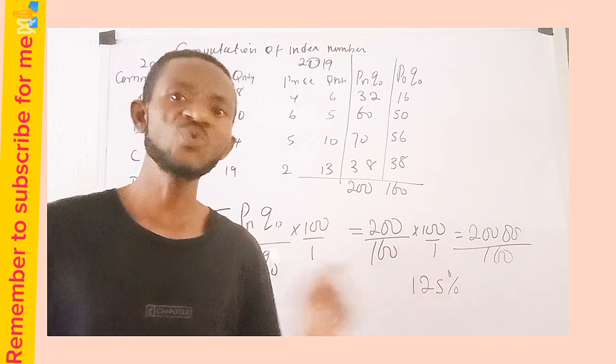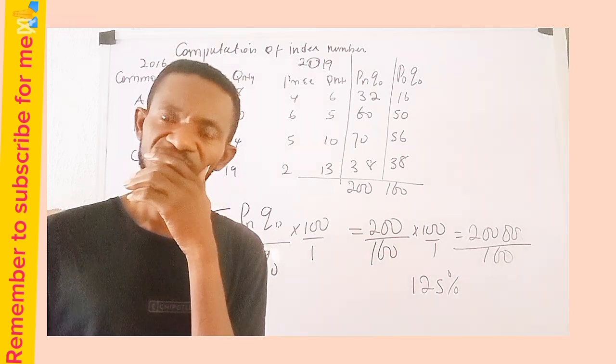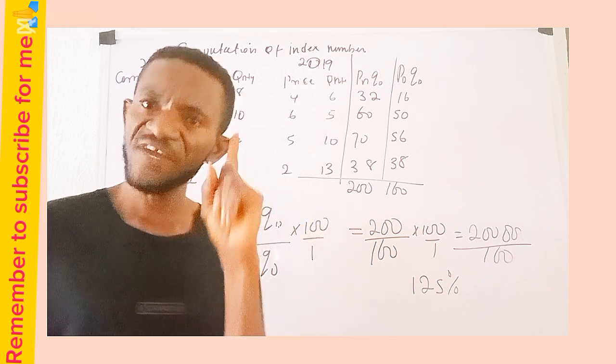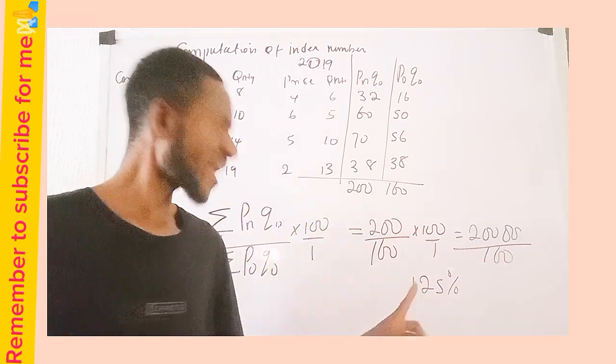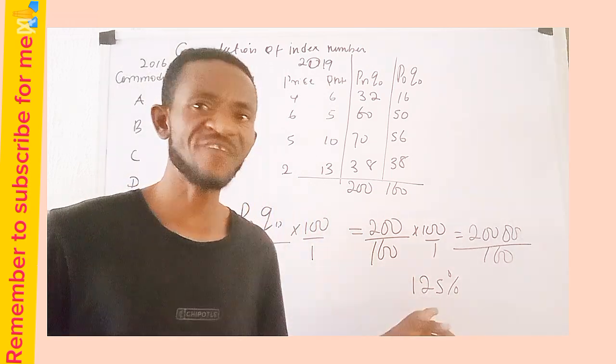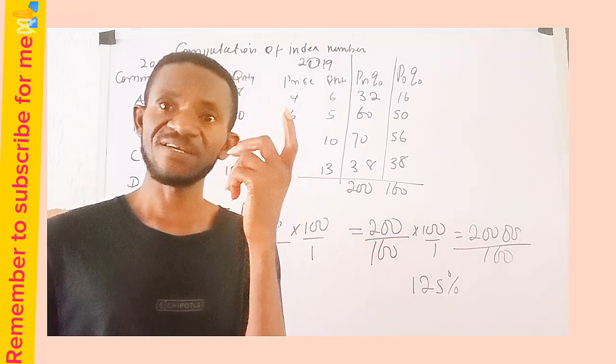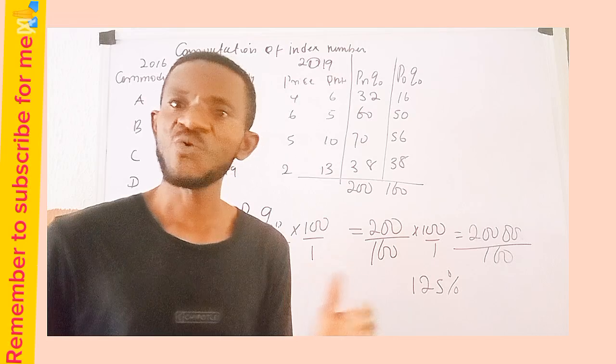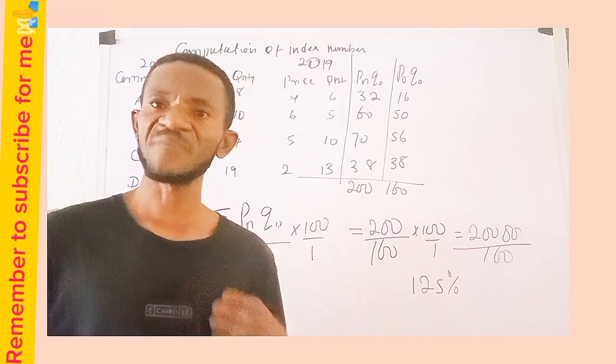So our last year's price index is 125%. How do we explain this? Remember that the base year is always assigned 100%. You must subtract that 100% from this 125% before you can say anything. When you subtract it now, you are left with 25%. What can you say about that 25%?